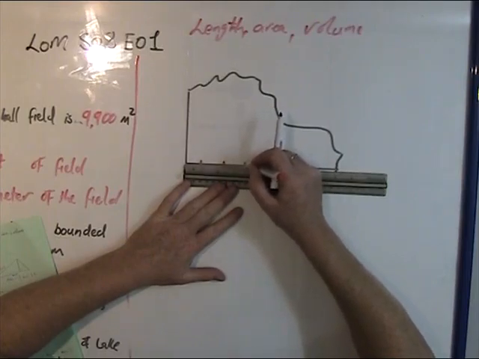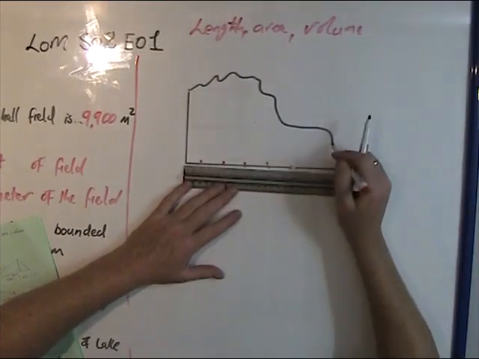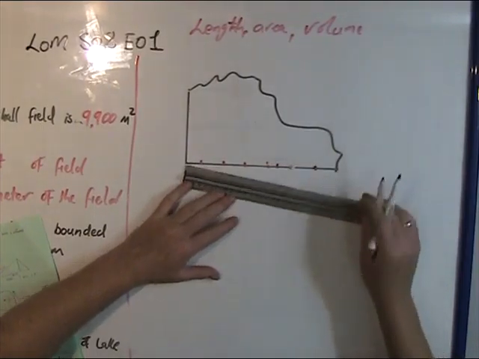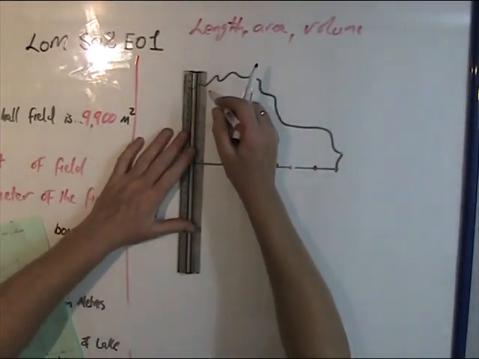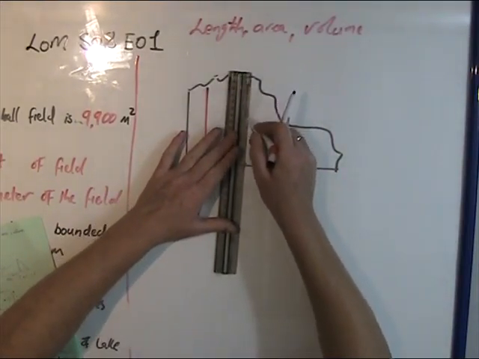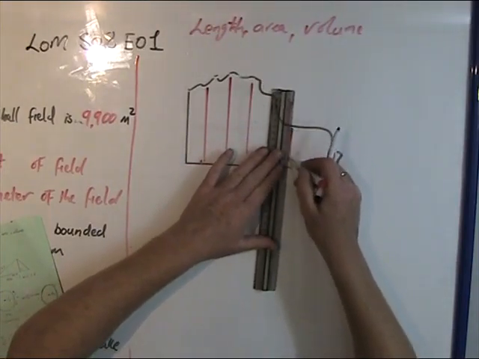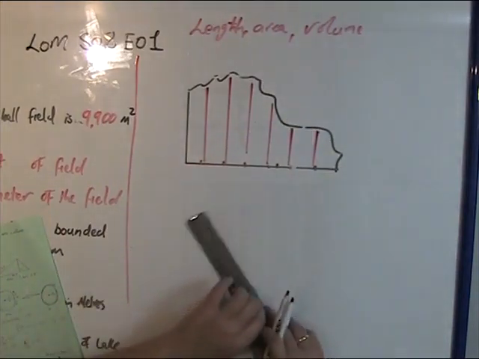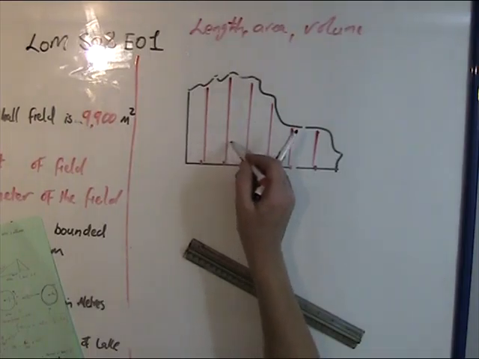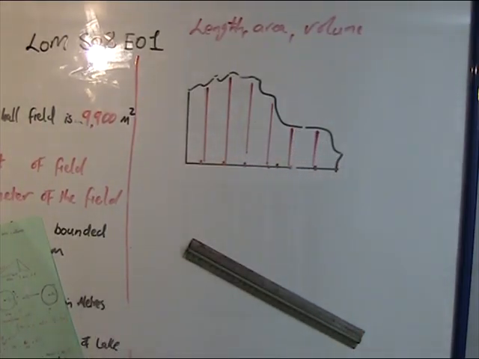Now they're evenly spaced. They're supposed to be evenly spaced. Now this is rough, so don't think I have everything perfect here, because I don't. They're not evenly spaced. Well, they look it, but they're not. 1, 2, 3, 4, 5, 6. Right, one too many.